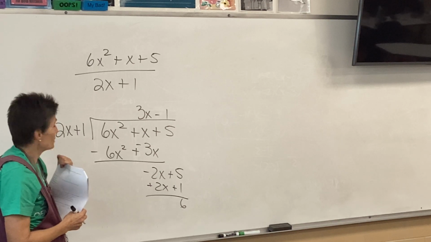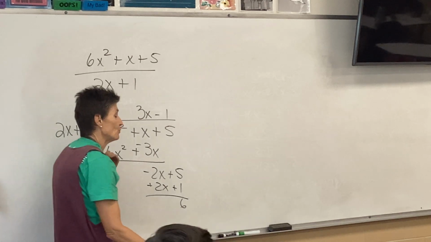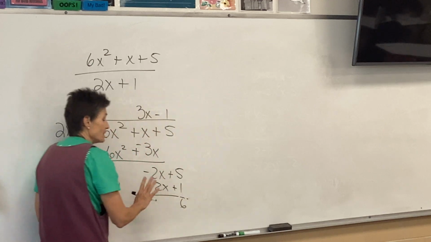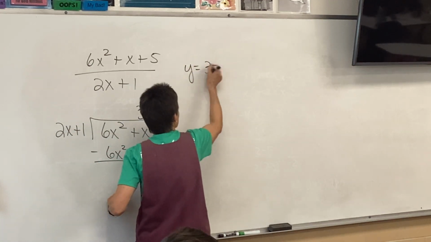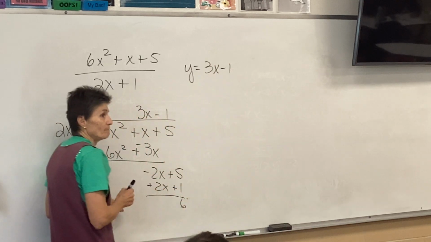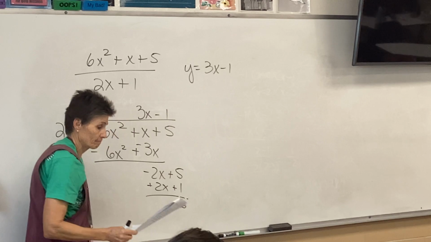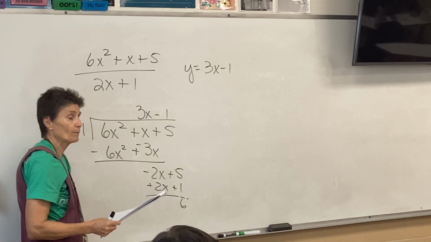I hate long division. Did you get what I got? Okay, and remember when we're doing our slant asymptote, the remainder isn't important. Your equation would be y equals 3x minus 1. Is that all right? Okay.